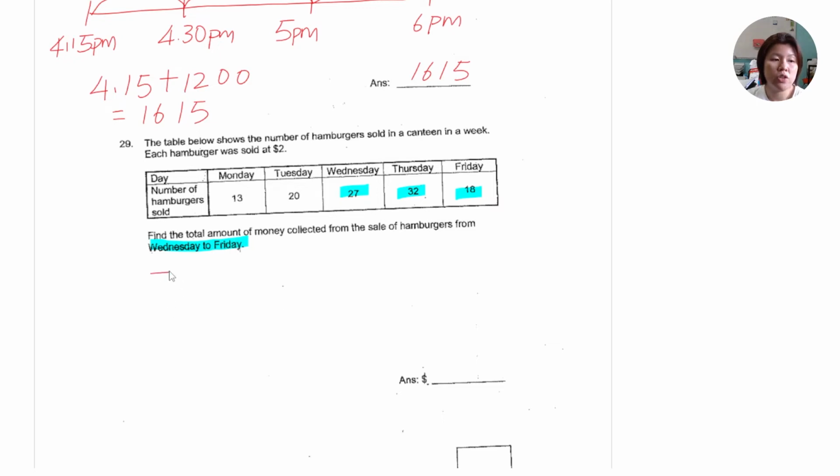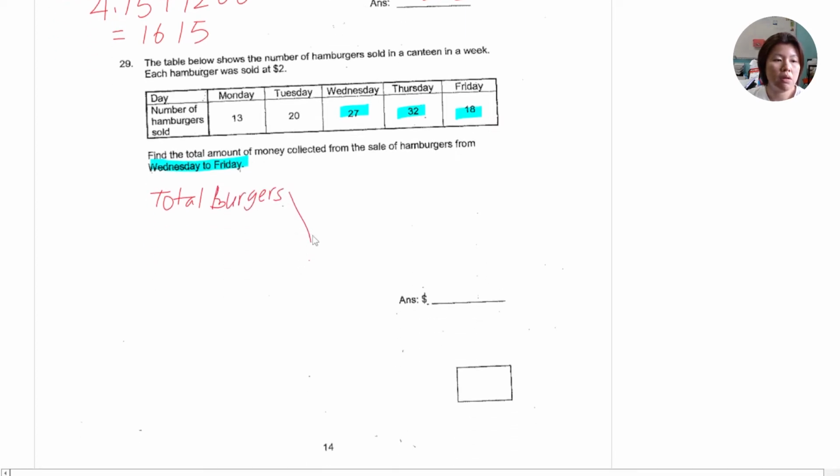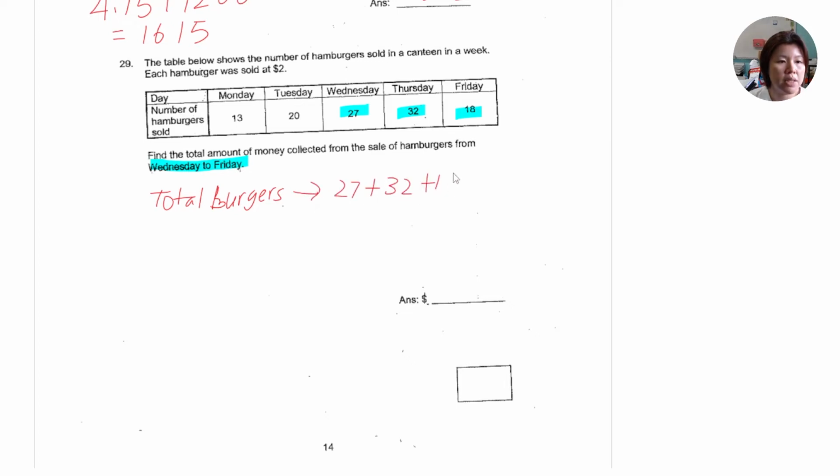So let's find the total burgers. Oops, sorry. Erase it first. 27 plus 32 plus 18. So 7 plus 2 is 9 plus 8 is 17. 3, 4, 5, 6, 7, 77.